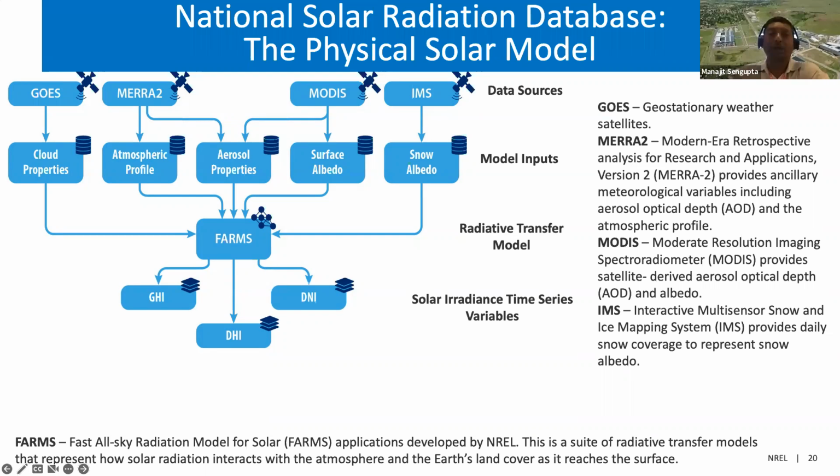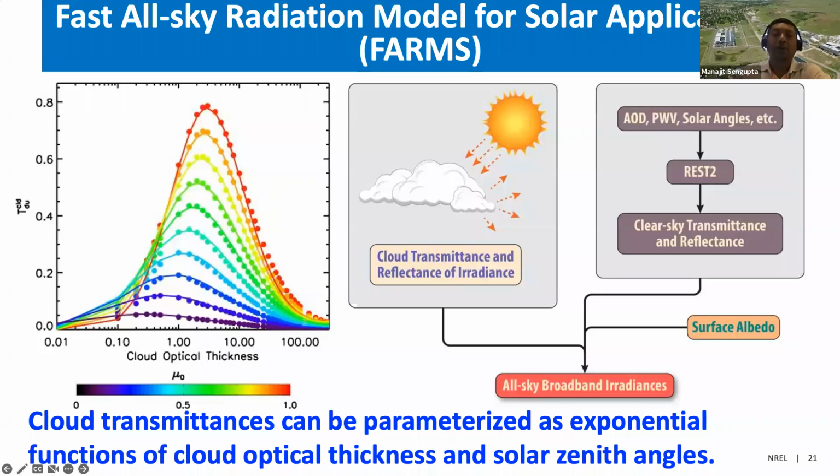So next slide, please. Just a quick summary of what the FARMS model really is and what we've leveraged. Essentially, if you look in physics, we found that cloud transmittances can be parameterized as exponential functions of the cloud optical thickness and solar zenith angles.